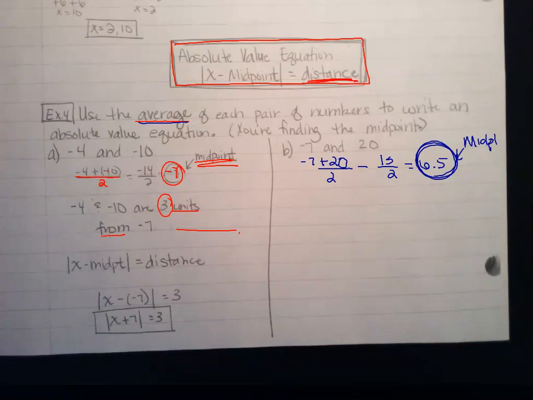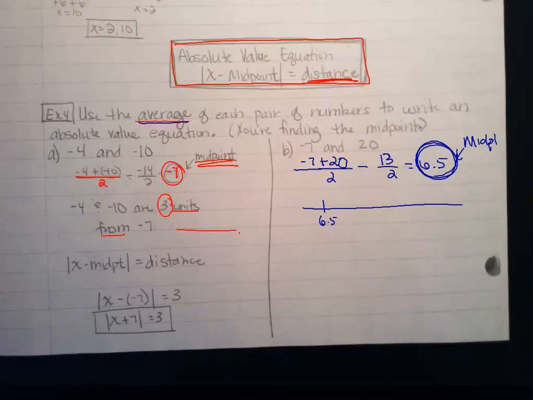Now we need to think, how far is 6.5 from 20 or from -7? She says 13.5. Can anybody agree with 13.5? My board doesn't want to write, so it keeps glitching out when I'm writing.